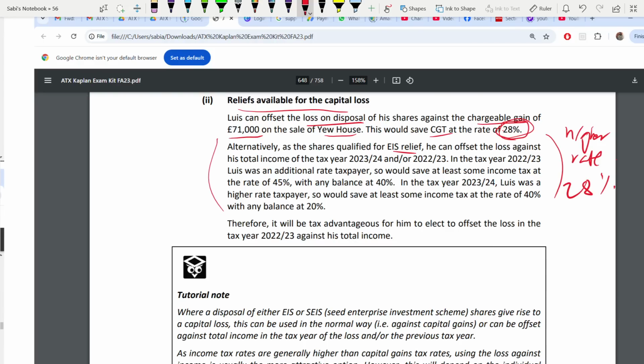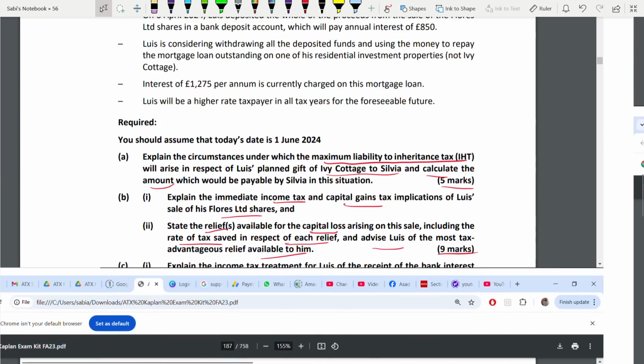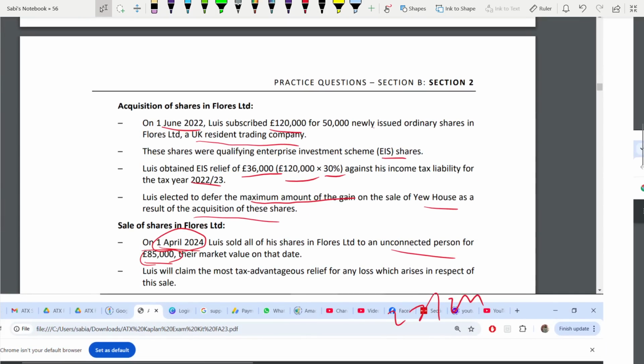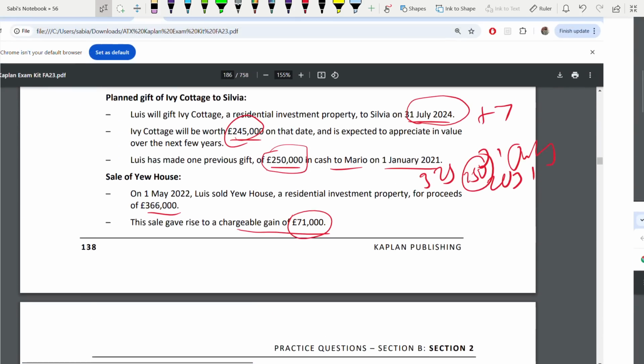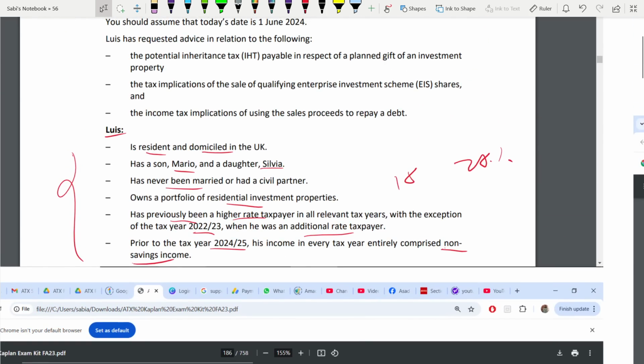he can offset the loss against the current tax year or the previous tax year, and that also against total income. In this tax year, if you see, 2022-23, this is why you need each piece of information. I'll highlight it for you. In this tax year he was an additional rate taxpayer, but in all the others he has been higher rate.